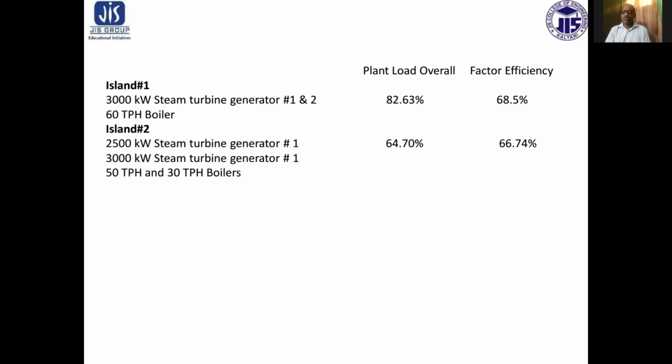Island 2 has one 2500 kilowatt steam generator and one old 3000 kilowatt steam generator, with 50 TPH and 30 TPH boiler systems. Plant load overall is 64.70% and efficiency is 66.74%.